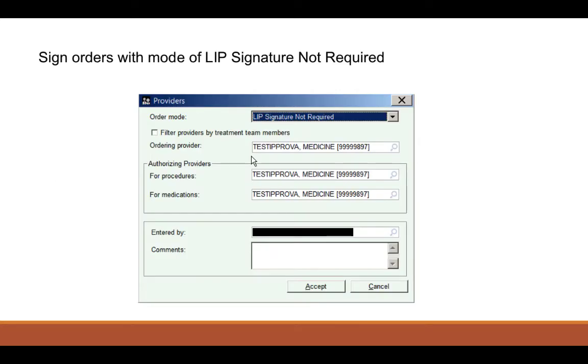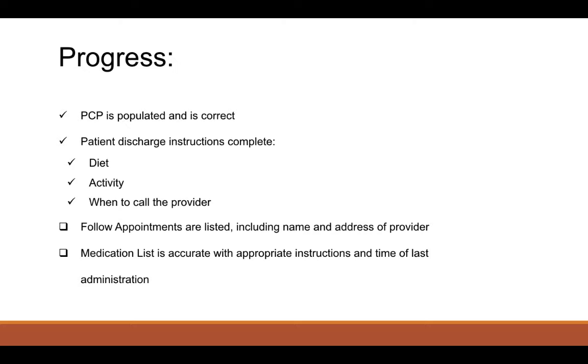Otherwise, what you're going to do is go ahead and sign the discharge instruction orders with a mode of LIP signature not required. All right, we have the first 2 elements updated and correct. Let's move on to follow-up appointments.